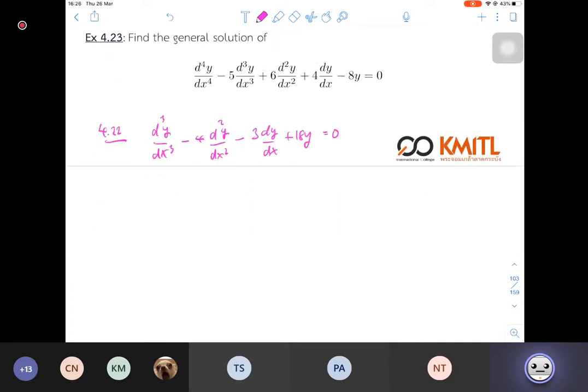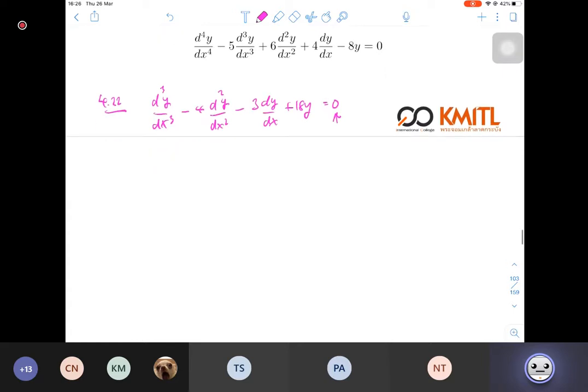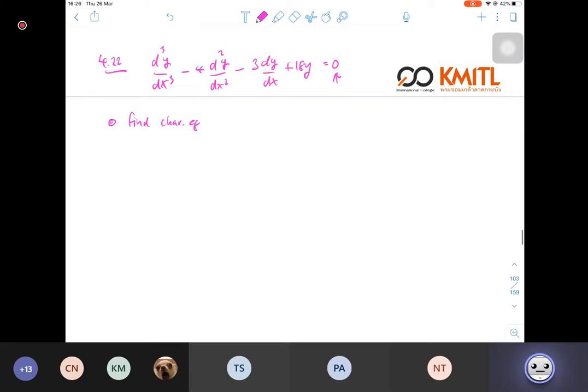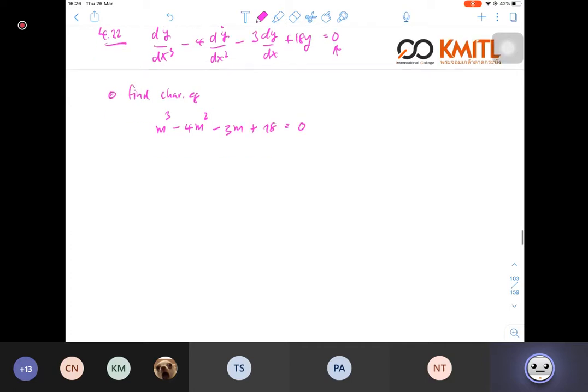This equation is a linear differential equation with homogeneous and constant coefficients. So we can solve that by finding the characteristic equation, and that would be m cubed minus 4m squared minus 3m plus 18 equal to 0.